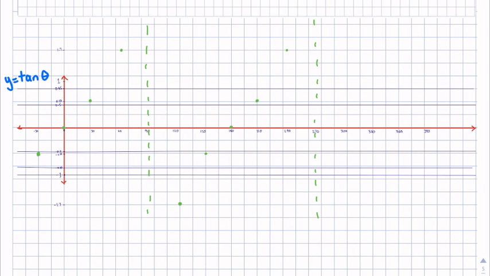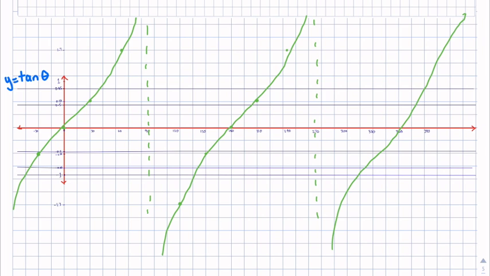So for tan, we actually get this really weird shape that cuts in and out. Like that. And that's how you graph sine, cos, and tan.